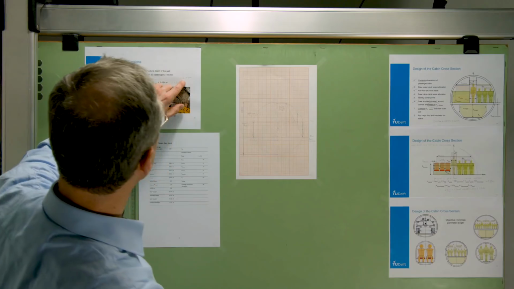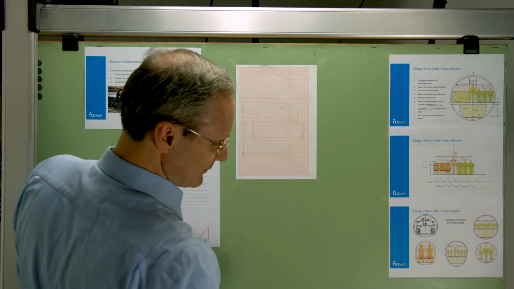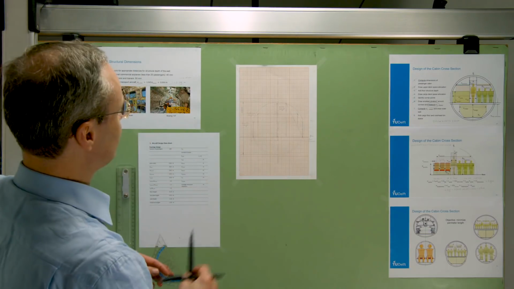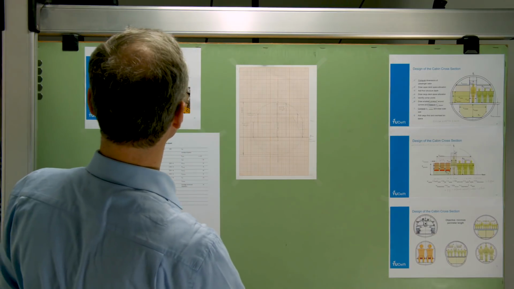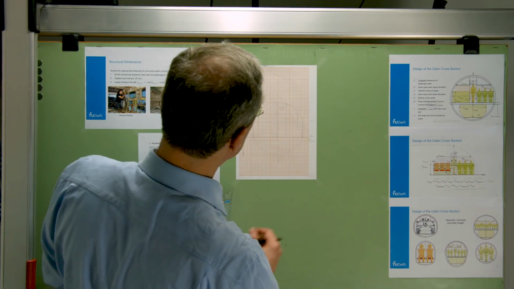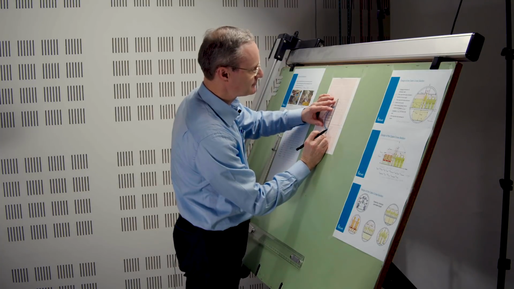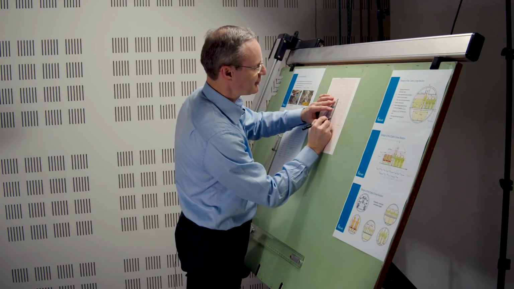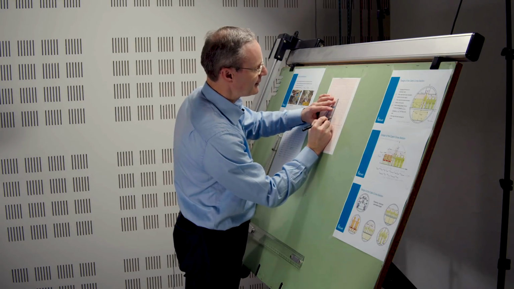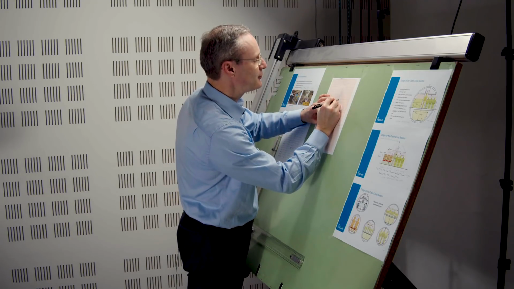I'm going to take half of it because I'm going to set the diameter using the compass again. I'm going to figure out how this dimension is there. So what I'm going to do, this was the center point, and I'm going to make use of 7.2 millimeters.